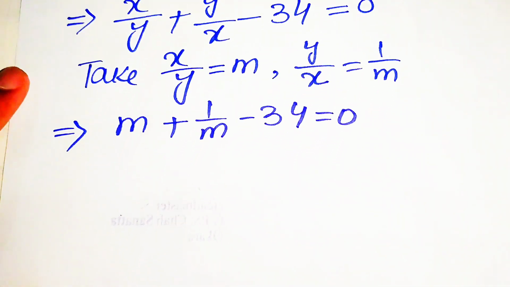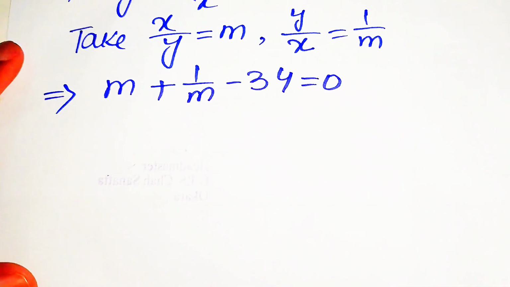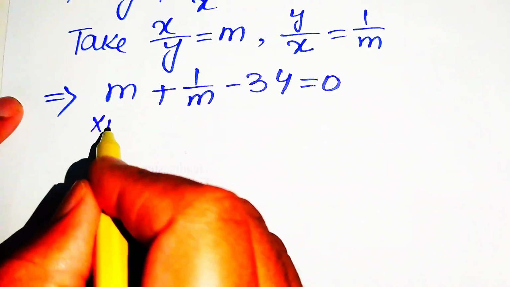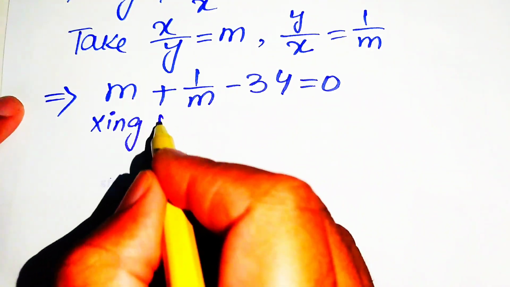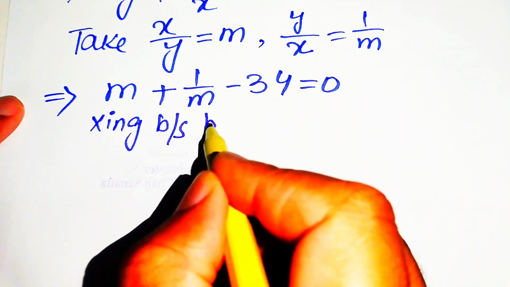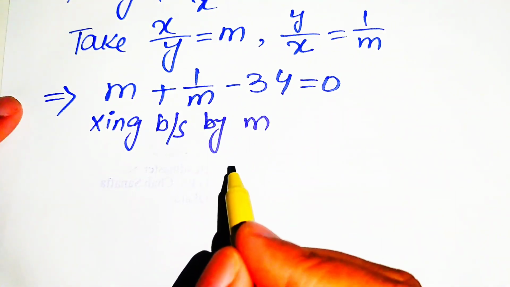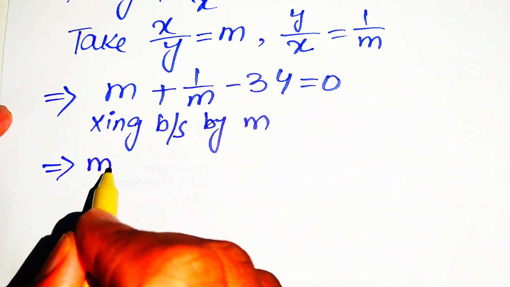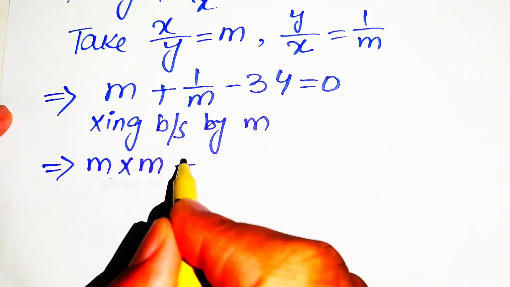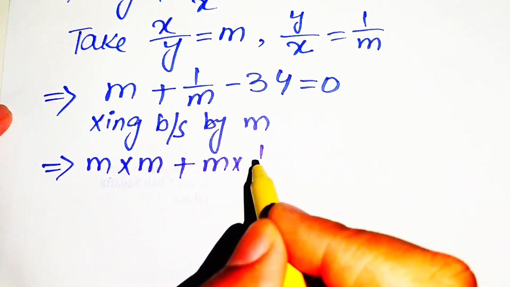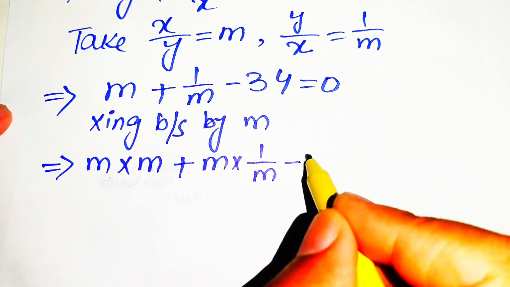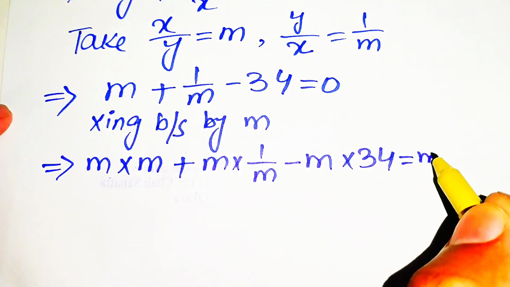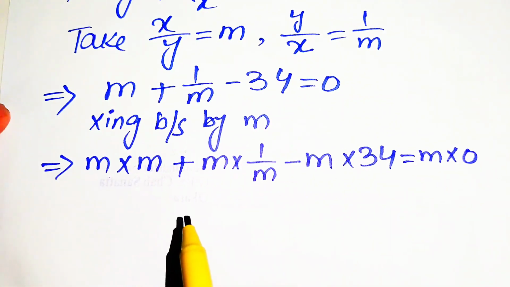This equation is now in one variable, so we convert it into quadratic form by multiplying both sides by m. When we multiply both sides by m, it will be written as m multiplied by m plus m multiplied by 1 over m minus m multiplied by 34 equals m multiplied by 0.